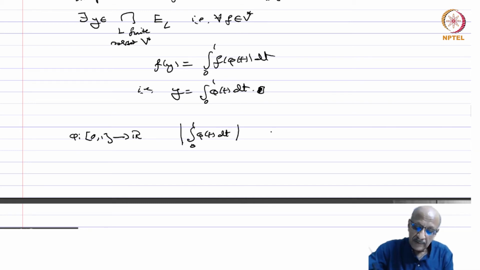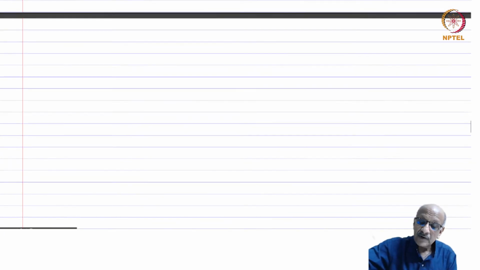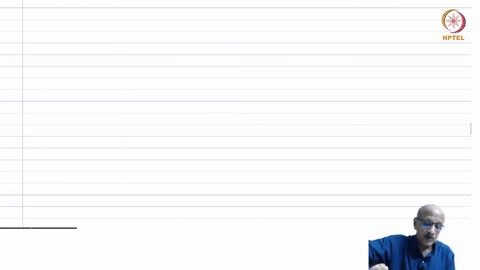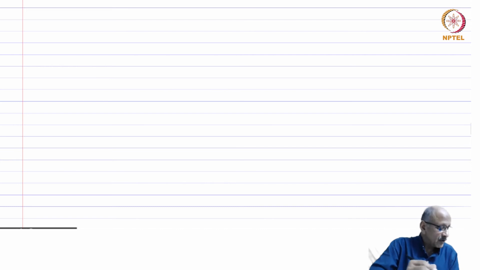When you want to estimate this integral, the first thing you would write is that it is less than or equal to the integral of mod phi of t dt. So we want to generalize this to vector valued integration, because this is a very important estimate. So whenever we want to estimate the norm of an integral, this is the first step which we will do.